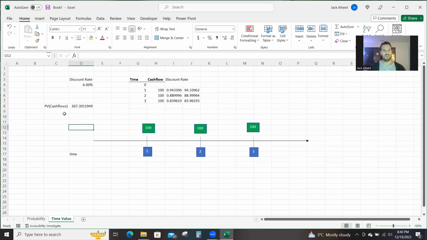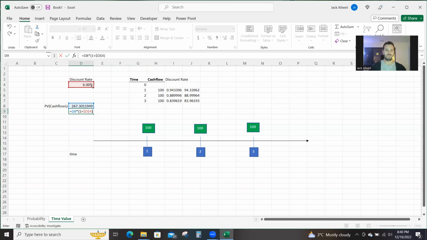And another way you could look at it is 267 times 1 plus this rate. So we roll it forward with interest, and then we chop off this cash flow, 100.